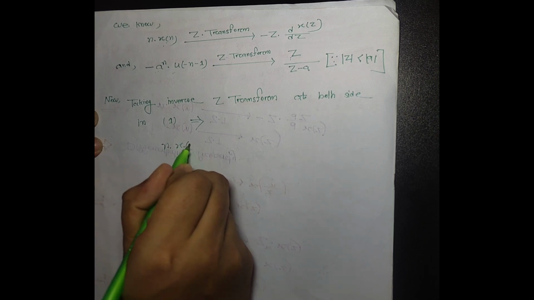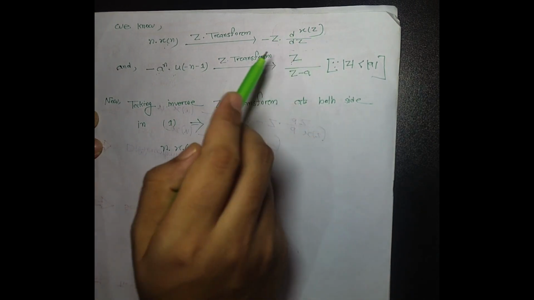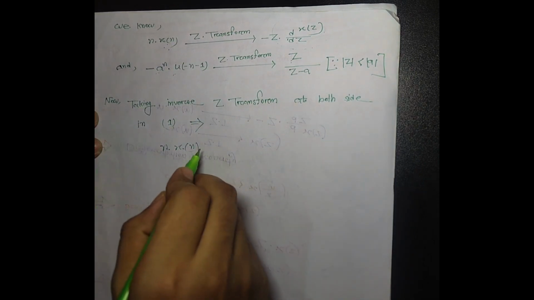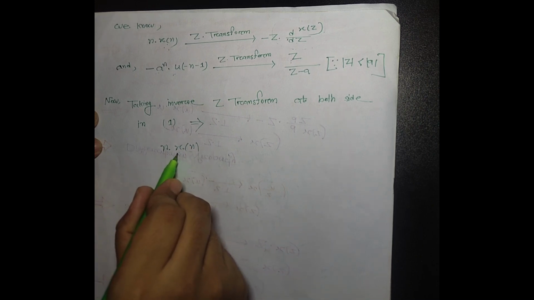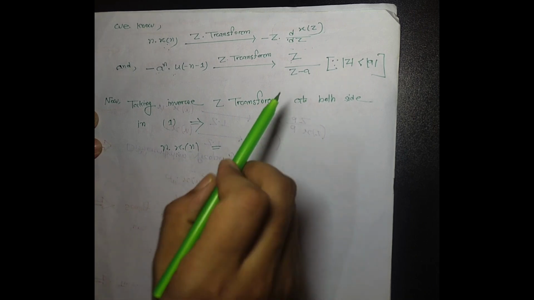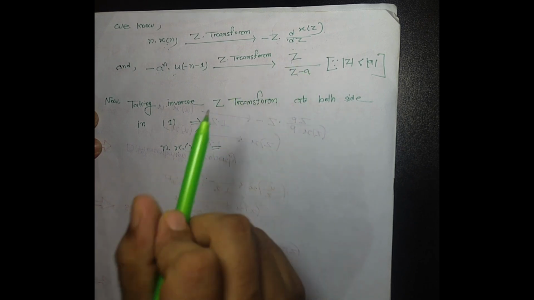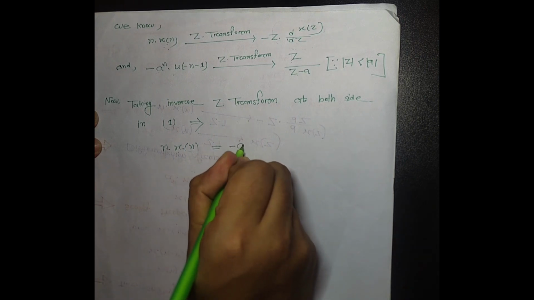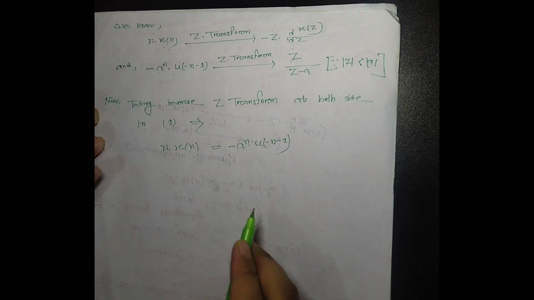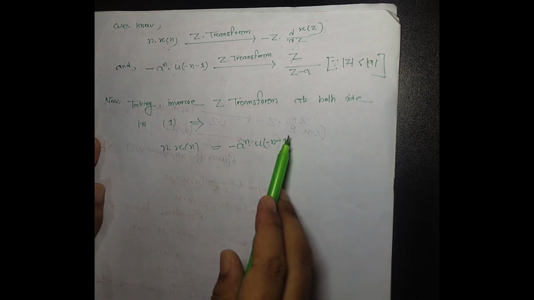Taking inverse Z transform on the left side of equation 1, we get n of x of n, and on the right side, from the Z transform pair, we get minus a to the power n into u of minus n minus 1.